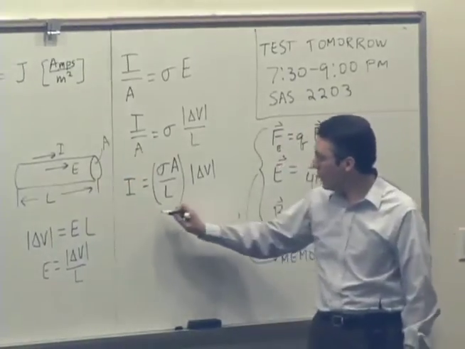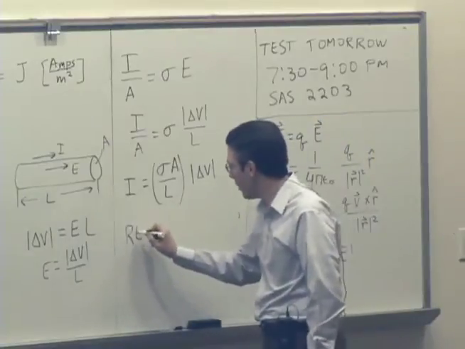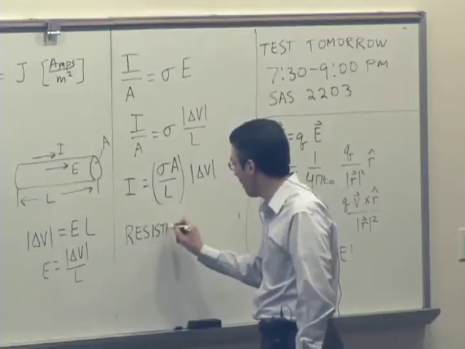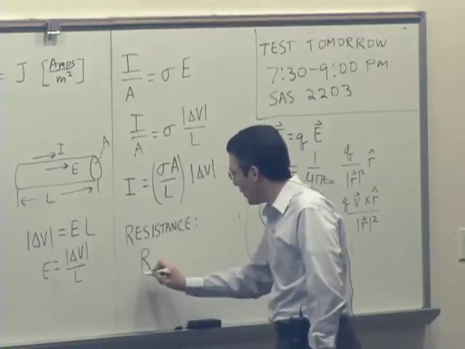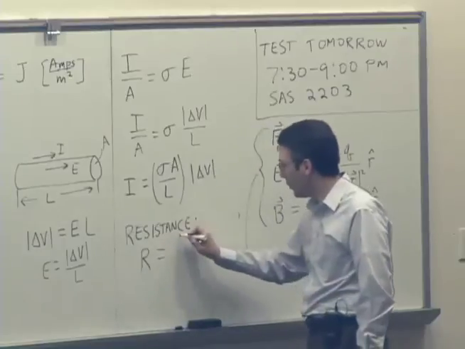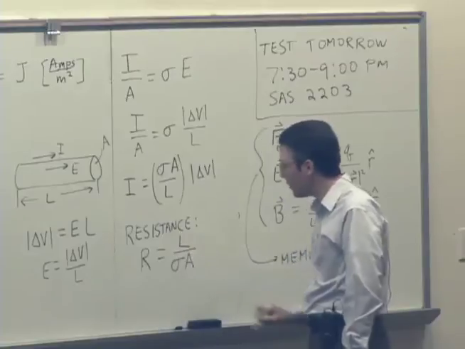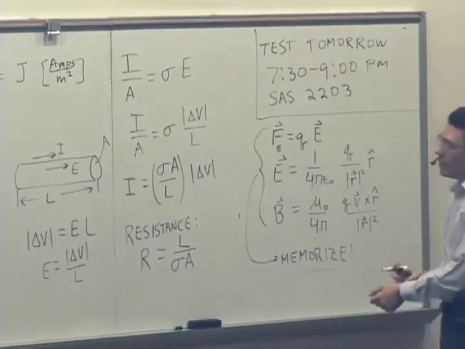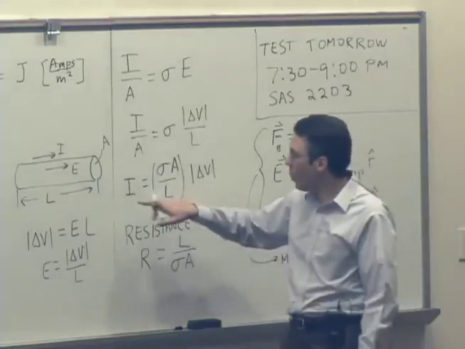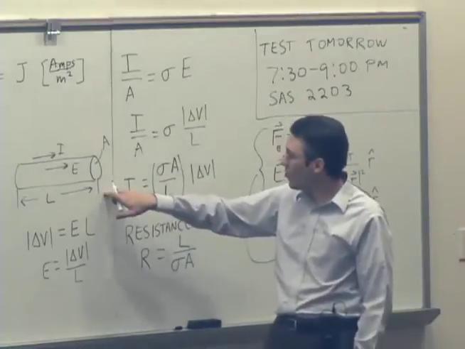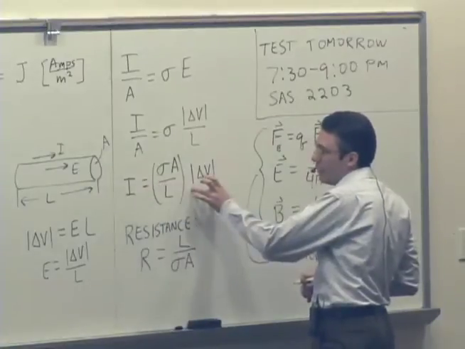All those quantities are combined into something we're going to call resistance. I'm going to say that resistance, give it the symbol capital R, is equal to the length divided by sigma times A. So in other words, if I make the wire longer, I'm going to get less current, given the same potential difference.